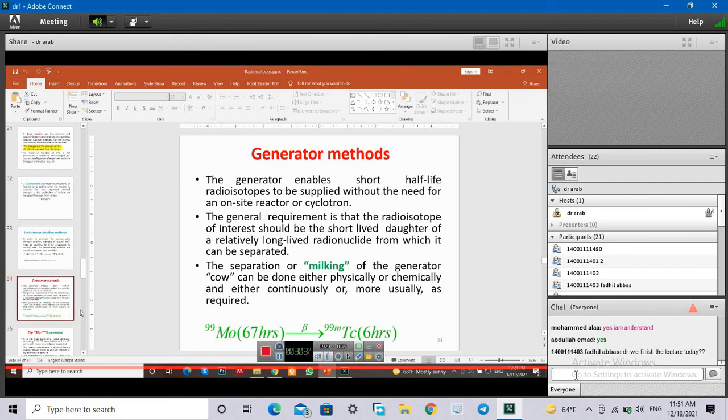For this aim, the radiodrug of interest should have a short half-life, and the mother radionuclide should have a long half-life.